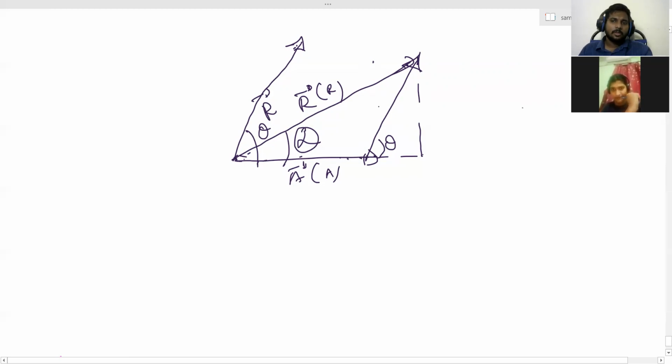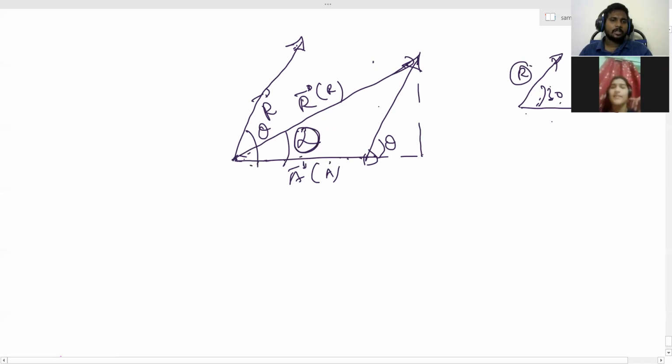Suppose you are moving in east direction. Sir, your voice was breaking, sir. Can you repeat it? Okay, if I know this alpha, that is how much angle this resultant is making with A, can you give the direction to R or not? That means suppose A is moving in east direction, if this is 30 degrees, then the resultant is 30 degrees to the direction of east.